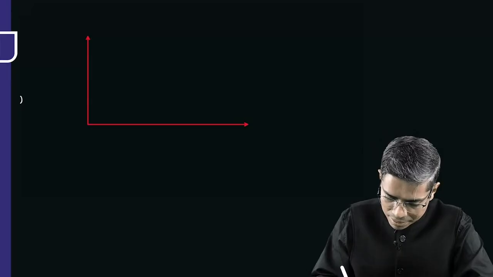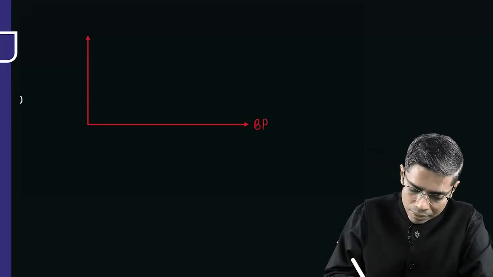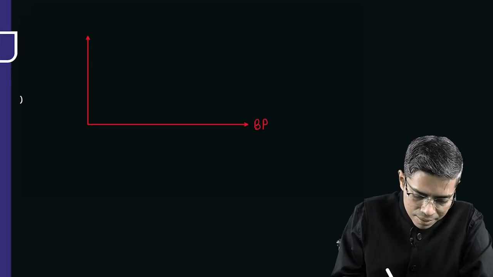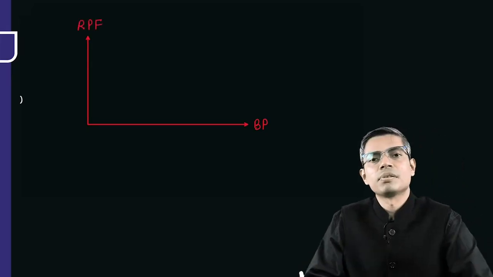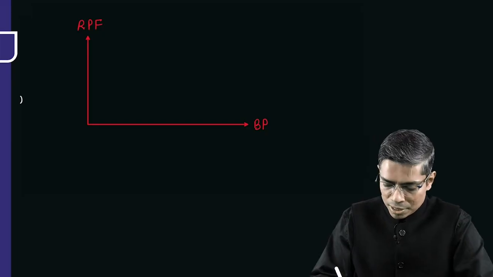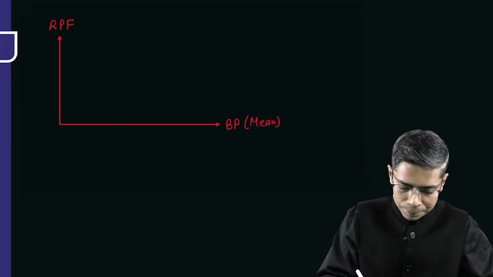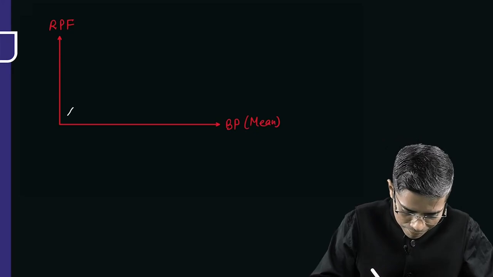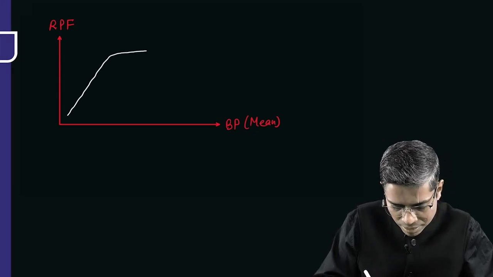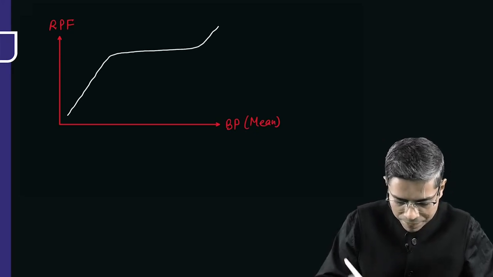So the x-axis is the blood pressure of the subject, and the y-axis is renal plasma flow. Which blood pressure are you talking about, sir? Mean blood pressure. So the graph will look like this. Okay.